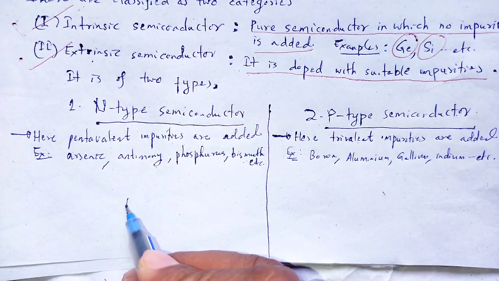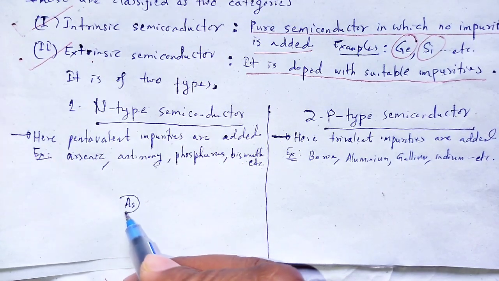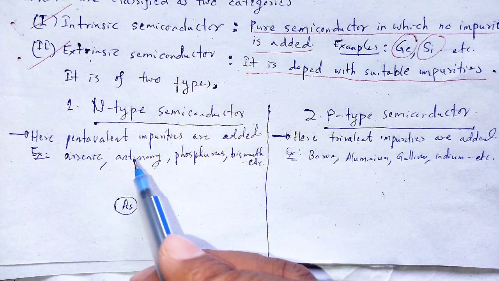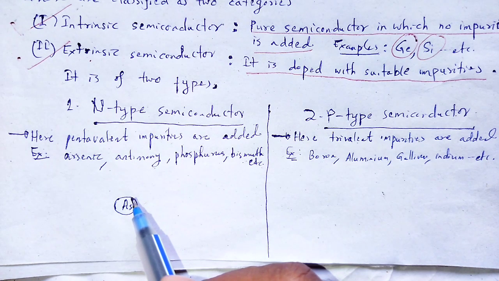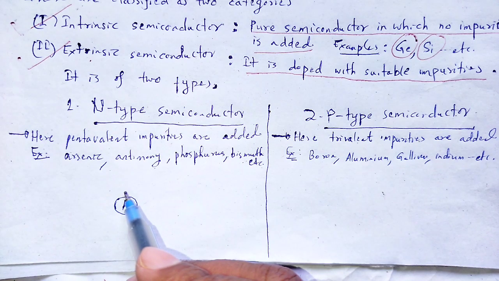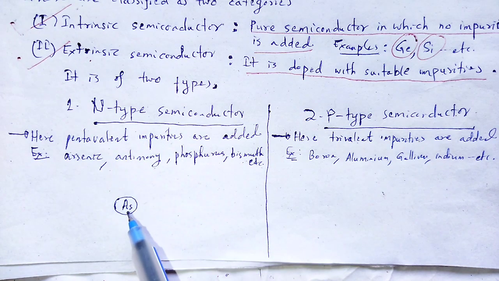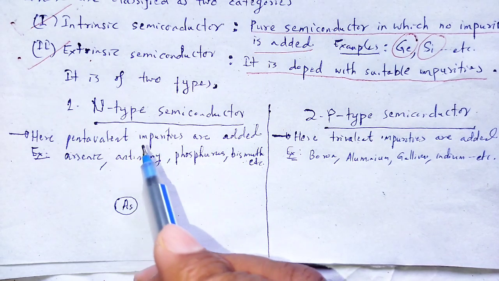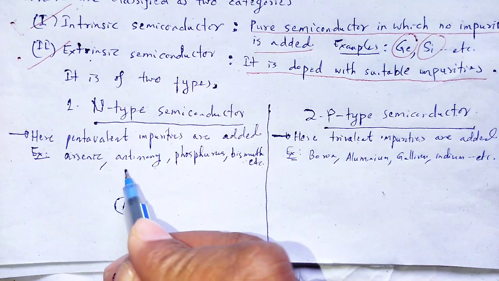Take arsenic, which is a pentavalent impurity, that is doped with the pure semiconductor silicon.